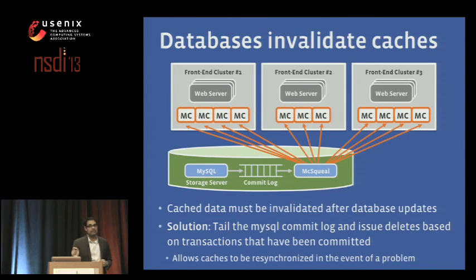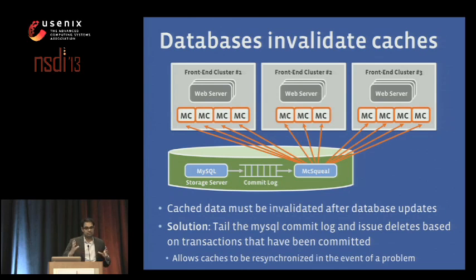This system has a very nice property that the cache data must be invalidated after the database operation commits. Otherwise, you risk seeing stale data. So by using the databases to invalidate the cache, you guarantee that upon a cache miss, you can actually see a fresh value of the data.